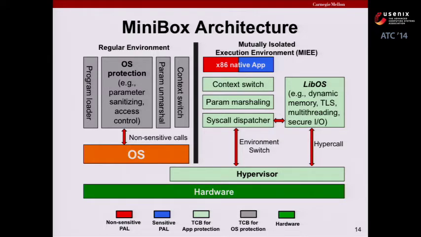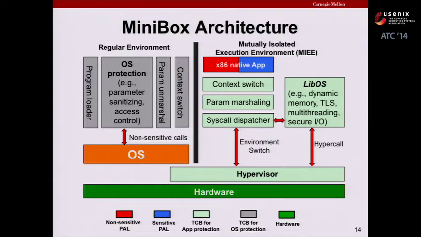And then the hypervisor is going to copy the system call parameters from the MIEE to the regular environment. Then the OS protection modules, the OS protection software components, are going to take control to conduct the OS protection work. For example, the OS protection module can conduct system call parameter sanitizing or access control here. And then finally, forward the system calls to the operating system.